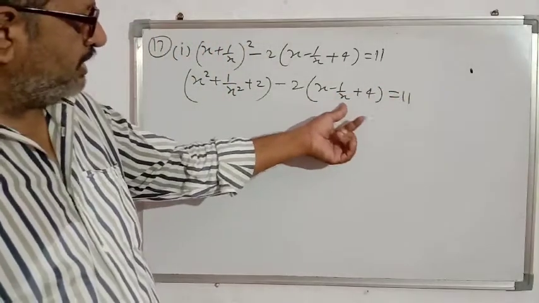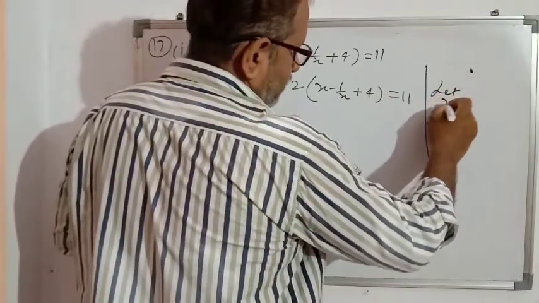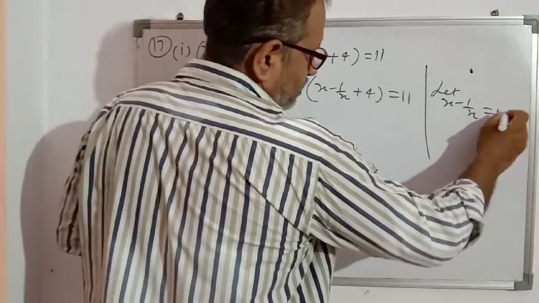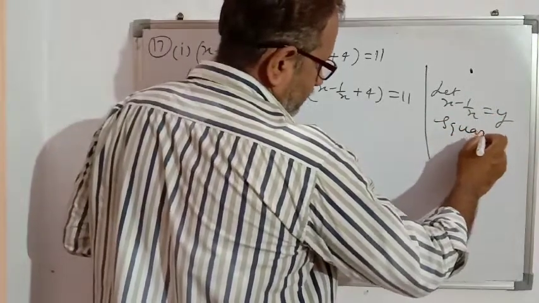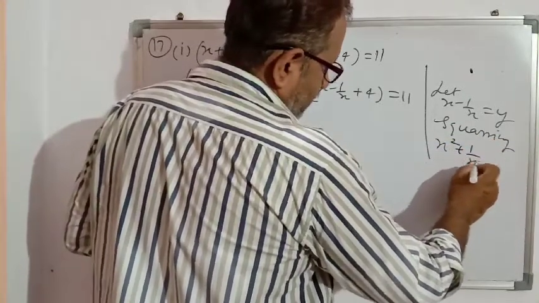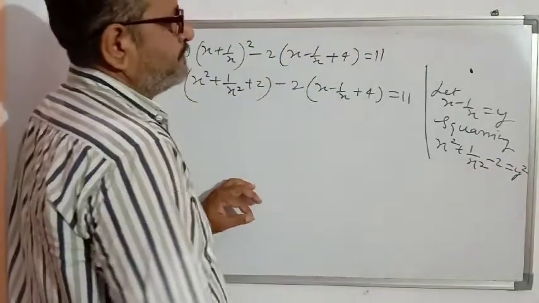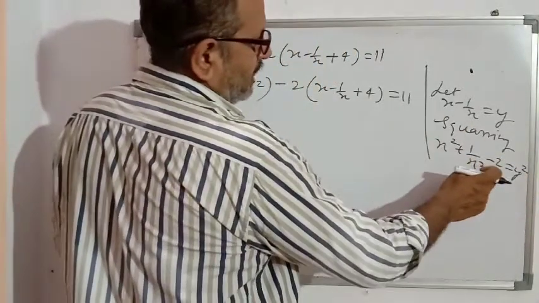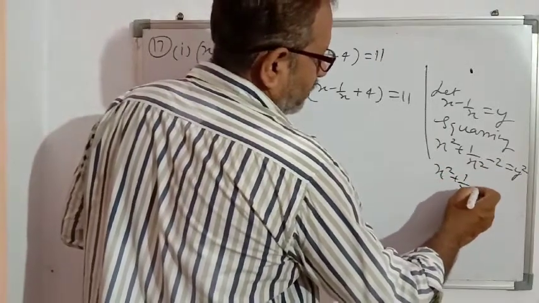Now suppose x minus 1 upon x is equal to y. Squaring on both sides, we will get x square plus 1 upon x square minus 2 is equal to y square, since a square plus b square minus 2ab. What will be x square plus 1 by x square?